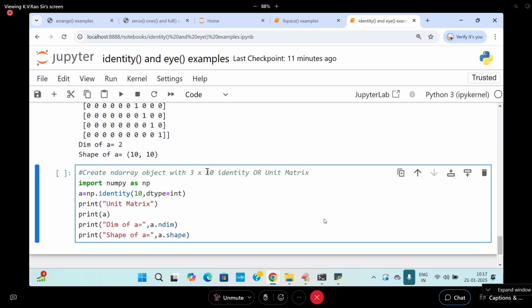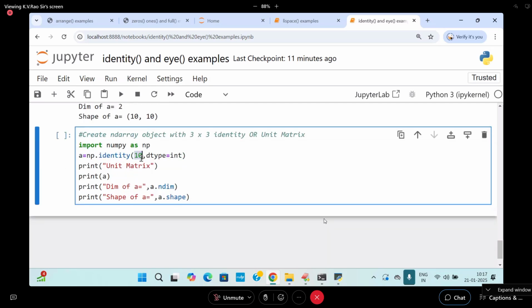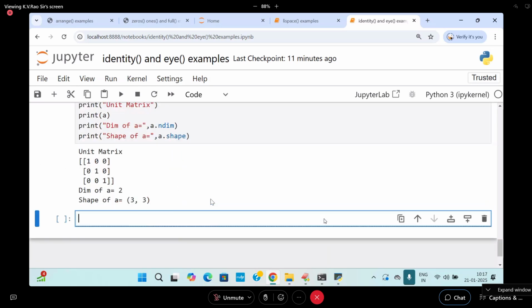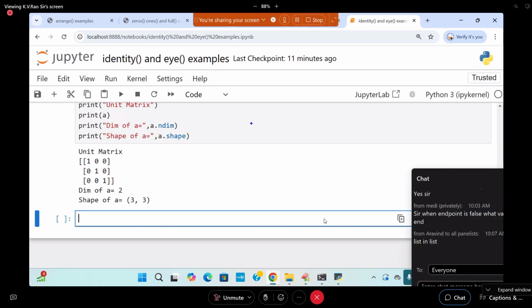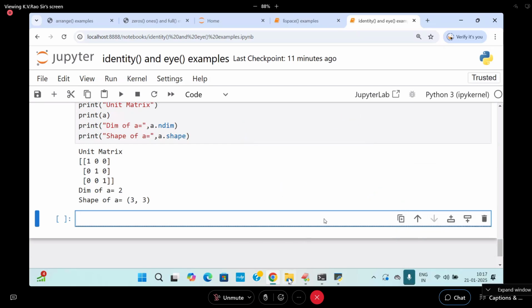A 3 by 3 identity matrix. This is a 3 I'm going to take. So first of all, this is my data: 1, 0, 0, 0, 1, 0, 0, 0, 1. I already told you about this in the classroom.